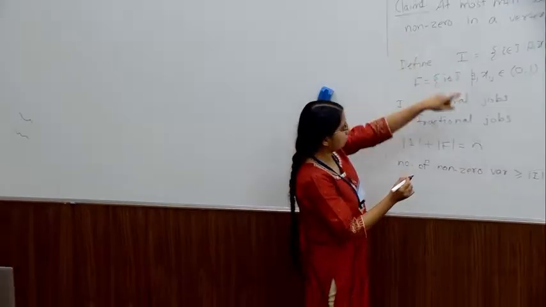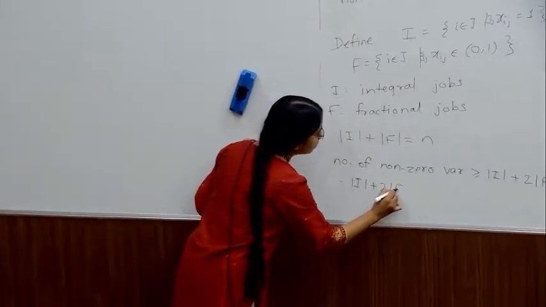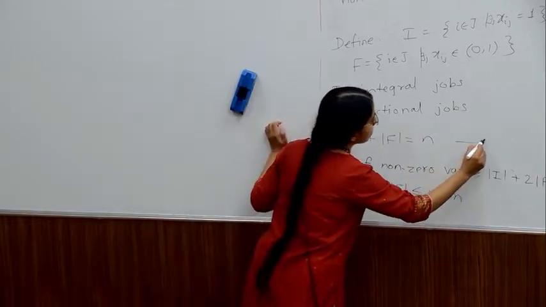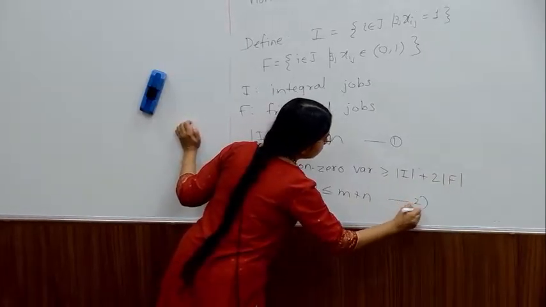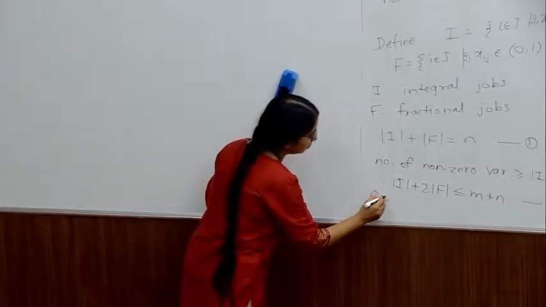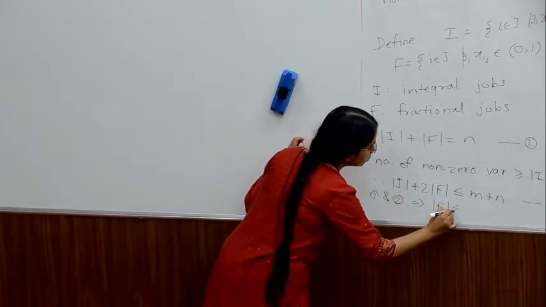So because of claim 1 and this, we have that |I| plus 2 times |F| is less than or equal to m plus n. Now compare these two equations. This tells us that F is at most m.